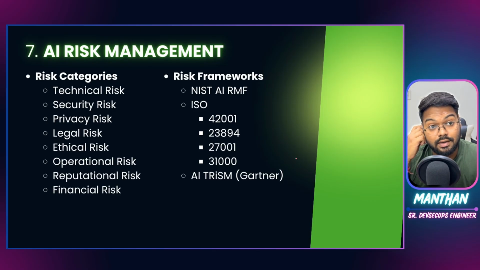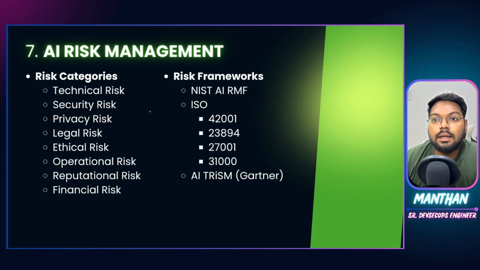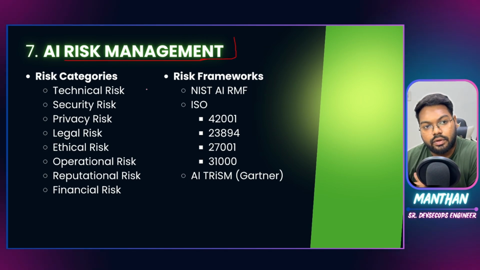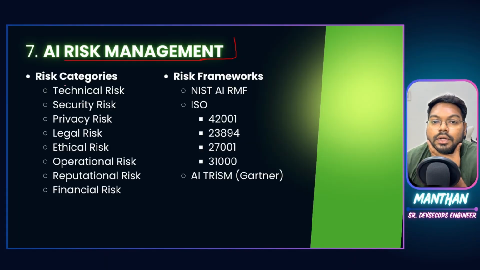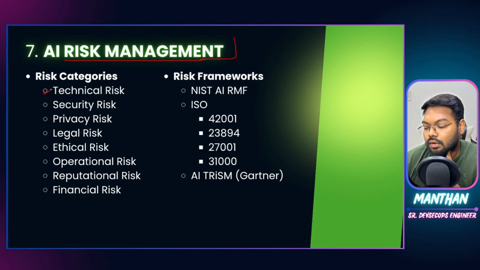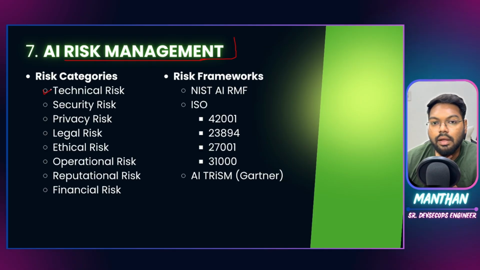How would you discard anything as such? Then there are certain risk management frameworks and categories that we need to check. How would you manage risk? What kind of risks are there? We need to categorize those things. So there are technical risks based on the technology that you are using. If you are using quantum computing, then cryptography or encryption could be broken easily.